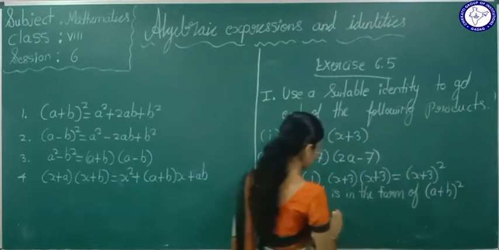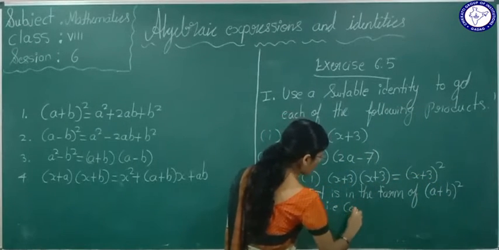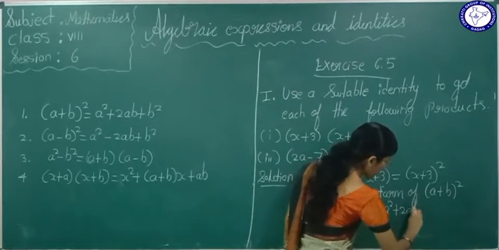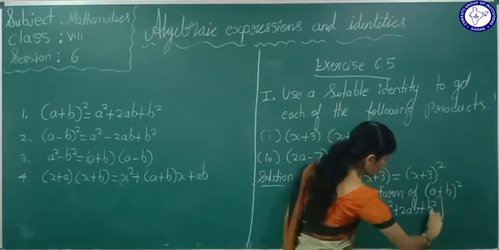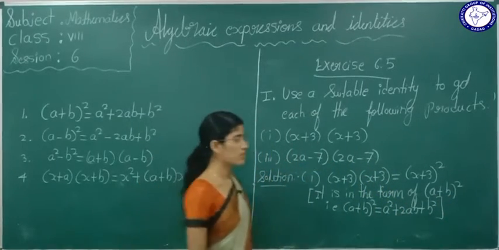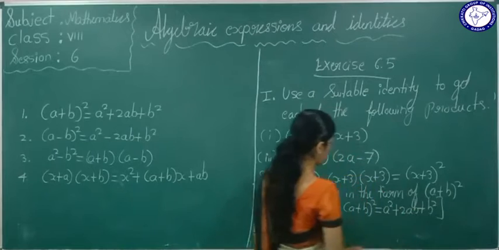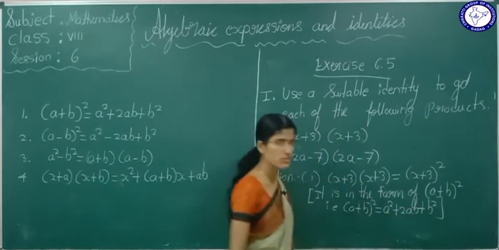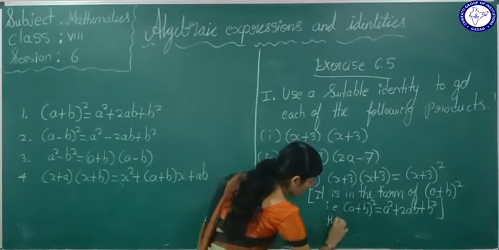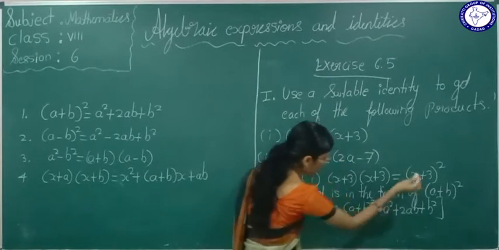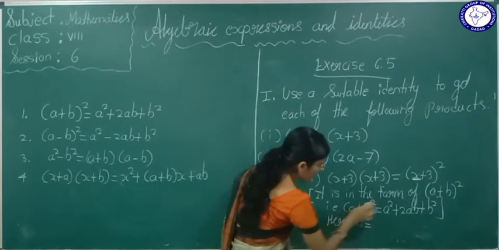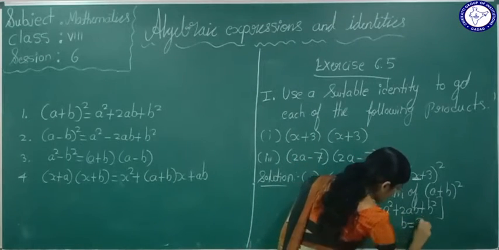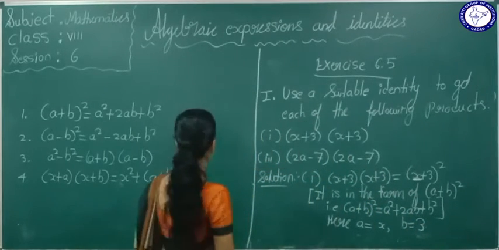That is, (a plus b) the whole square is nothing but a square plus 2ab plus b square. Now see here, in place of a, x is there. In place of b, 3 is there. Now use the identity.